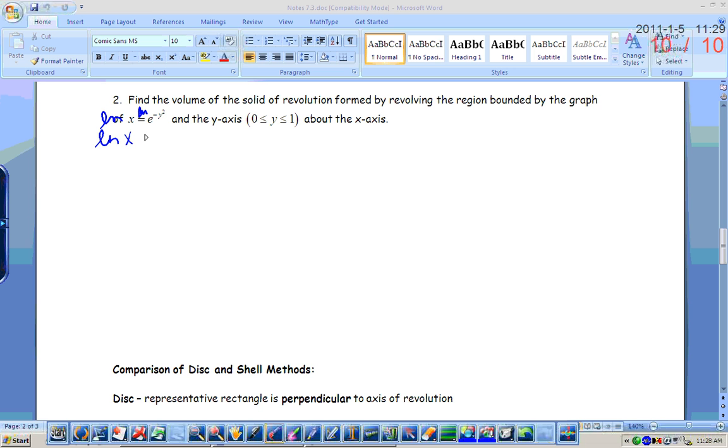So the natural log of x, what's the natural log of e to the negative y squared? Negative y squared. So y squared would equal the negative natural log of x, and y would equal plus or minus the square root of negative ln x.